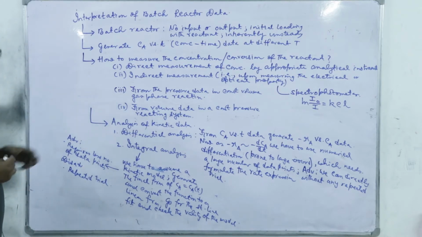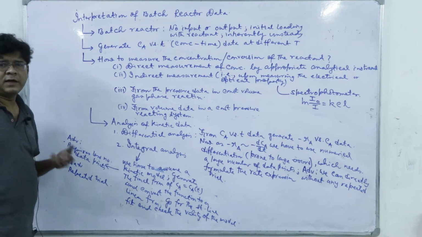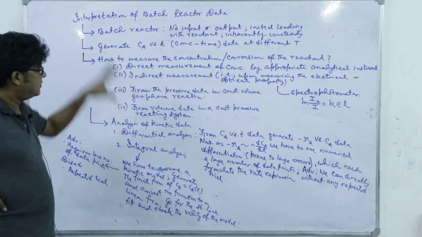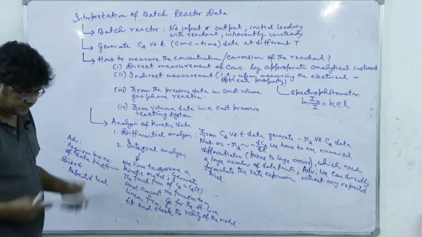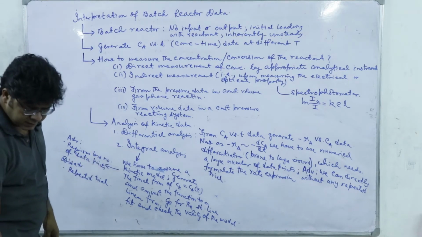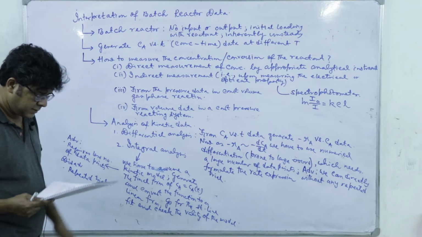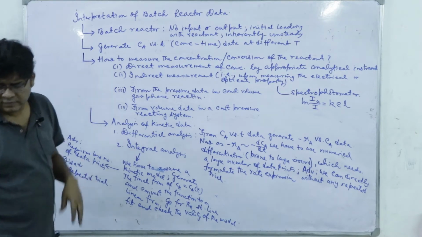Right. So that's the overall idea, or outline rather, of how to interpret this batch reactor data. This is a typical outline, right? And based on that, we will next proceed for this analysis. First, we will consider a constant volume system.